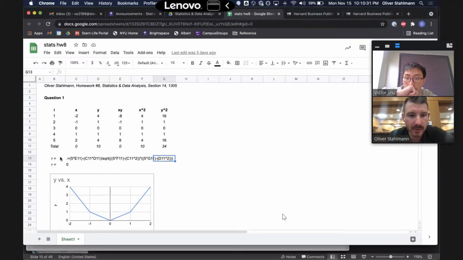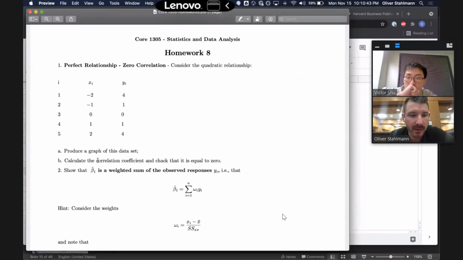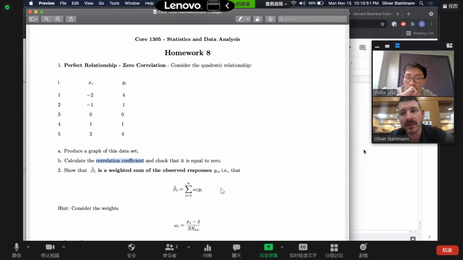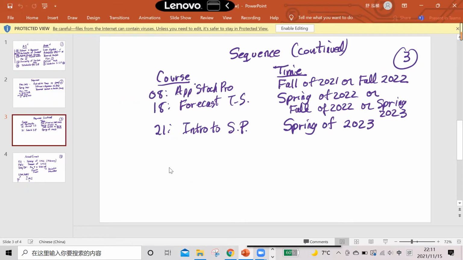Yeah, so this is R, right? Yes. Okay, so I misunderstood, I calculated the wrong thing then. No, you're not calculating the wrong thing. I thought you said, is little r the correlation coefficient?